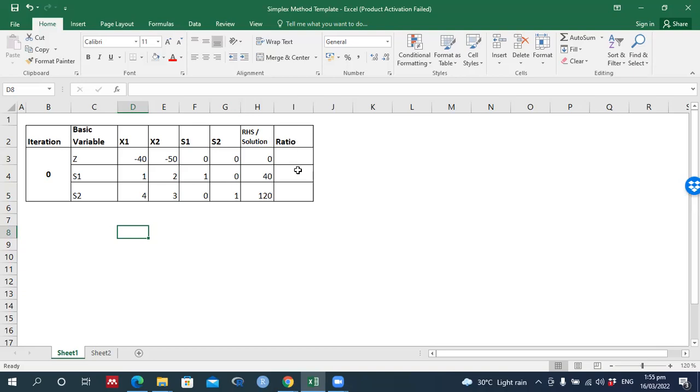The first step is to identify our pivot row, our pivot column. What is this pivot column? It is the column with the biggest negative Z value.